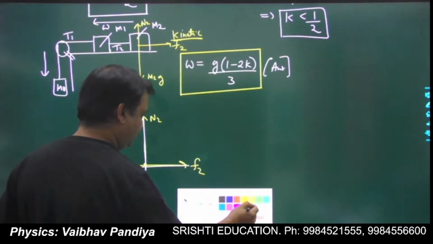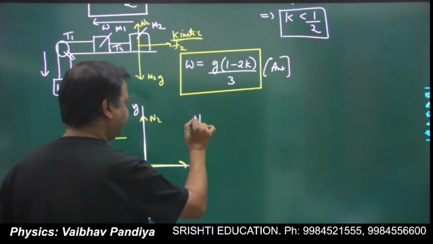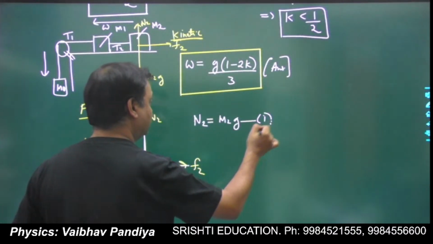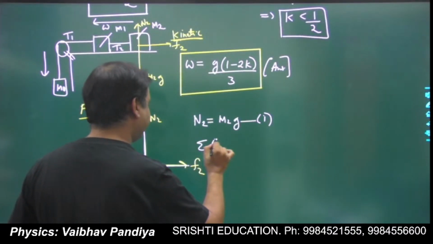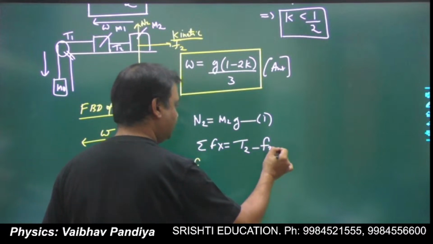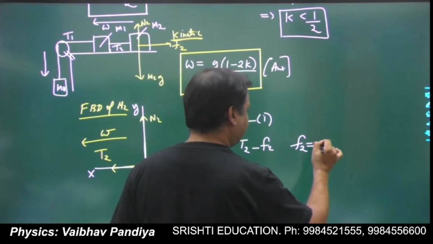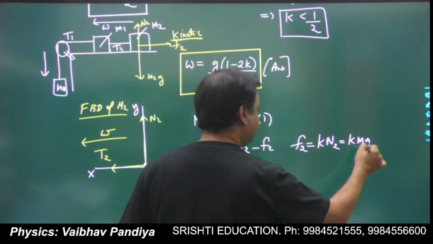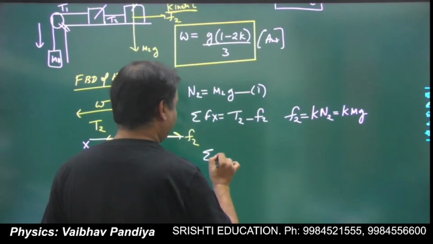So you'll get, straightforward, a vertical equilibrium. So N2 will be equal to M2g, and net force on the x-axis is T2 minus F2, and F2 is a kinetic friction, that is the coefficient of friction multiplied by N2, so kM2g.